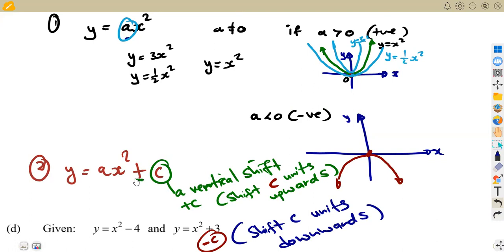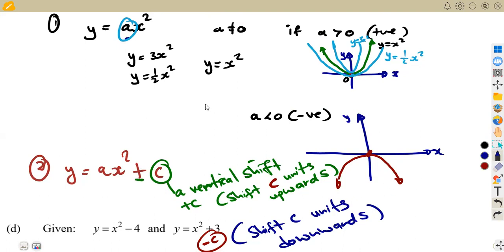But in this condition, you shall see some changes happening because the graph is going to be shifted upwards, or you shift the graph down. So it's either going to end like this when being shifted, or like this, depending.